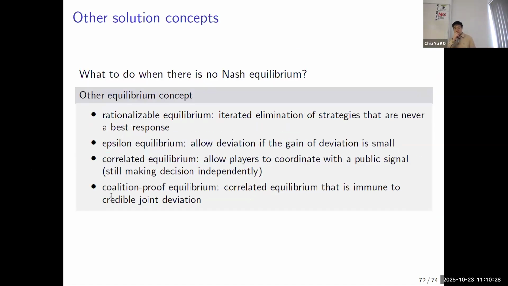And the other equilibrium concept is known as rationalizable equilibrium. There is epsilon equilibrium, coalition-proof equilibrium, and I guess you can check these names, and there are many more equilibria out there. I don't want to mention them one by one, but I'm trying to give you some names, and you can check if you need. But I doubt you will need it at the moment. I guess it'll be okay.